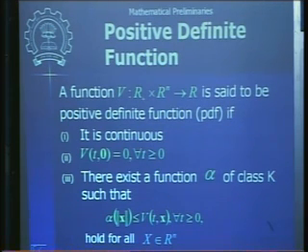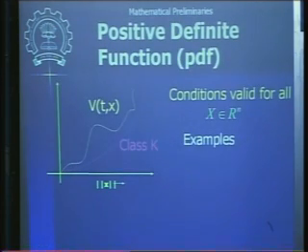It's everywhere, the whole of Rn is included; in other words, the small r in the previous definition is taking the value infinity. So it is everywhere now that this function is positive. That is how the positive definite function is defined.